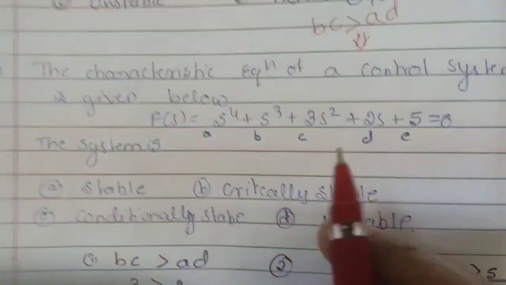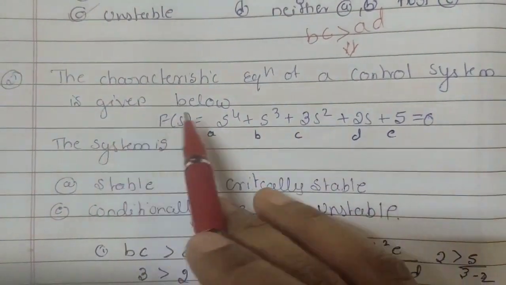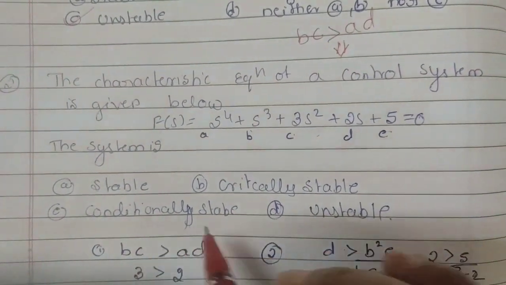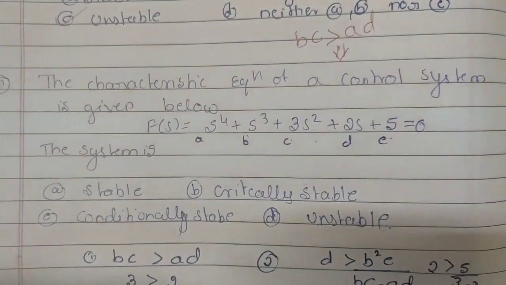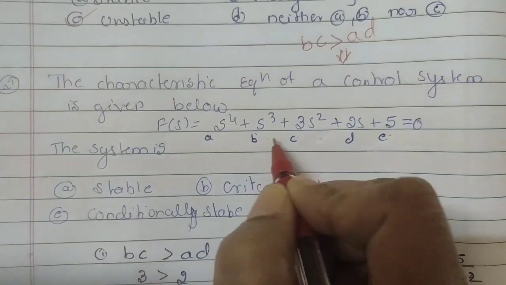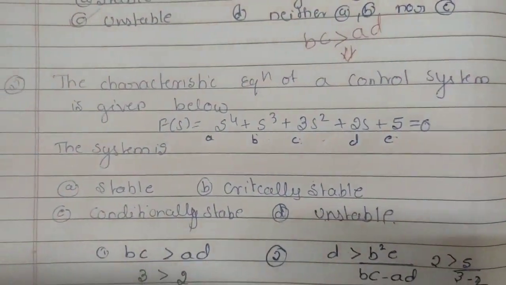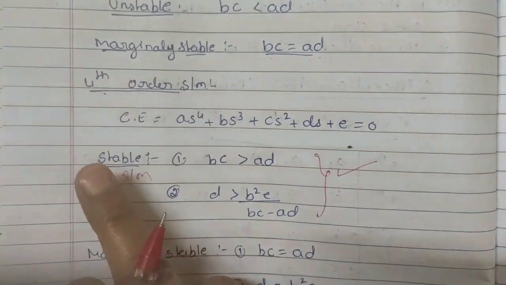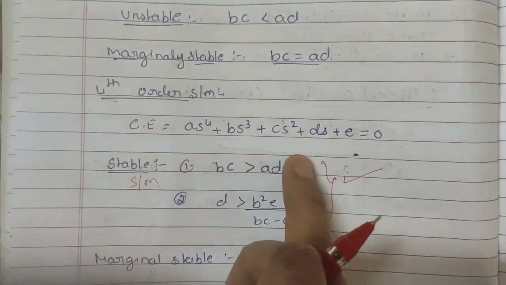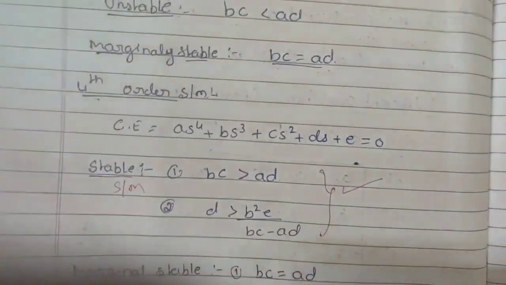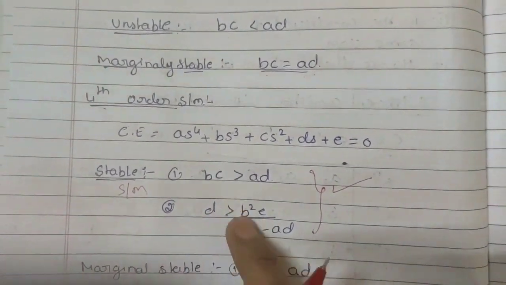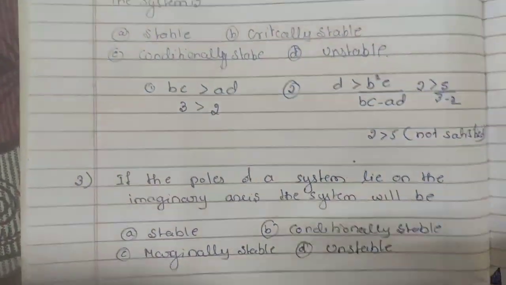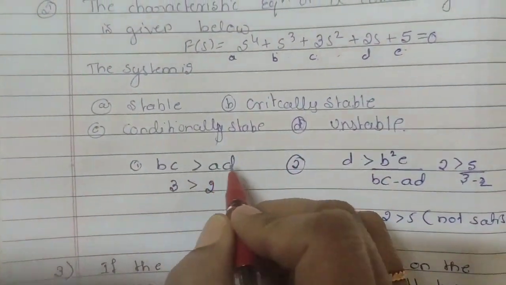The second question is, the characteristic equation of a control system is given below. The system is stable, critically stable, conditionally stable, or unstable. We have to tell. First, let's take A, B, C, D, E, a fourth order system. For the system to be stable, these conditions should be satisfied: BC should be greater than AD, and D should be greater than B squared E divided by (BC minus AD).